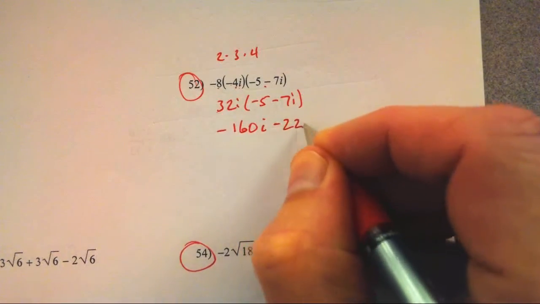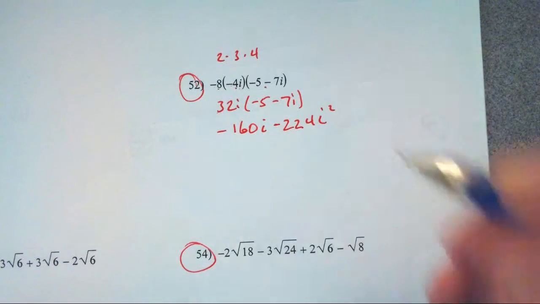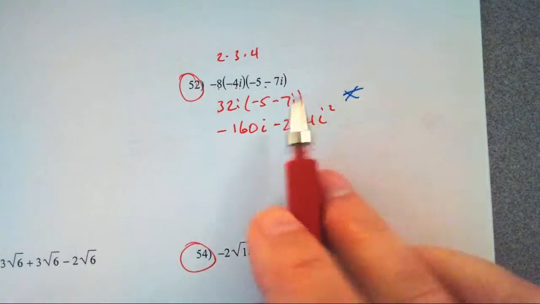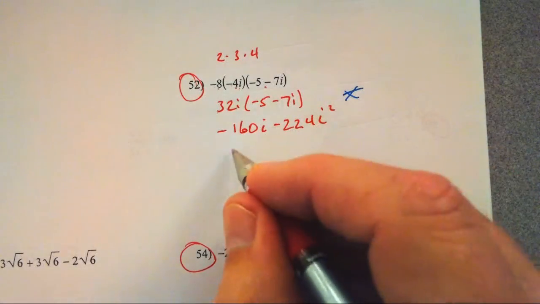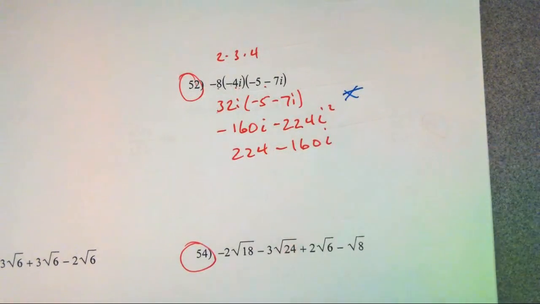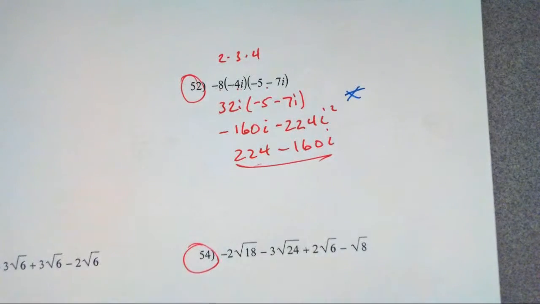It's minus 224 i squared. There's our i squared. A lot of times I say flashing red light, but I'm going to say flashing blue light. i squared is -1, so we end up with positive 224 minus 160i. And yes, I would prefer it in that order. We want the real part first, imaginary part second.